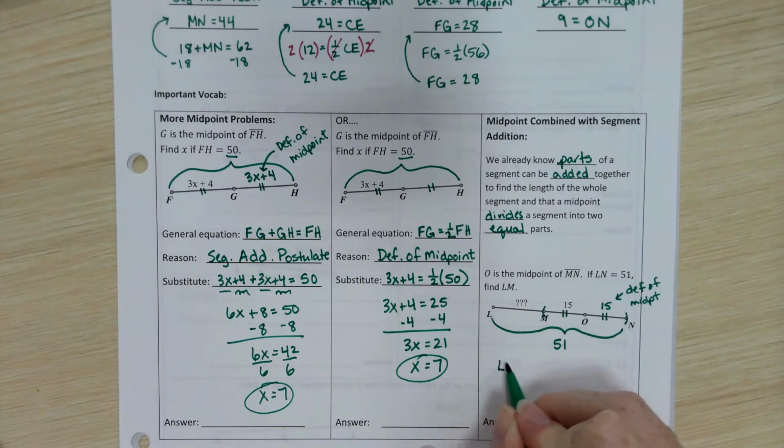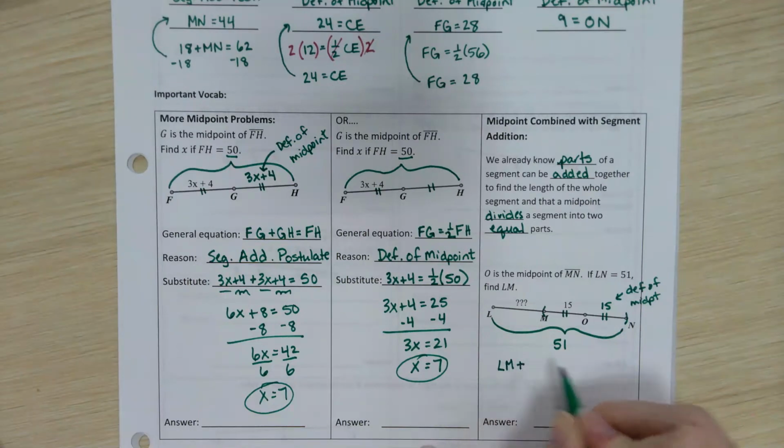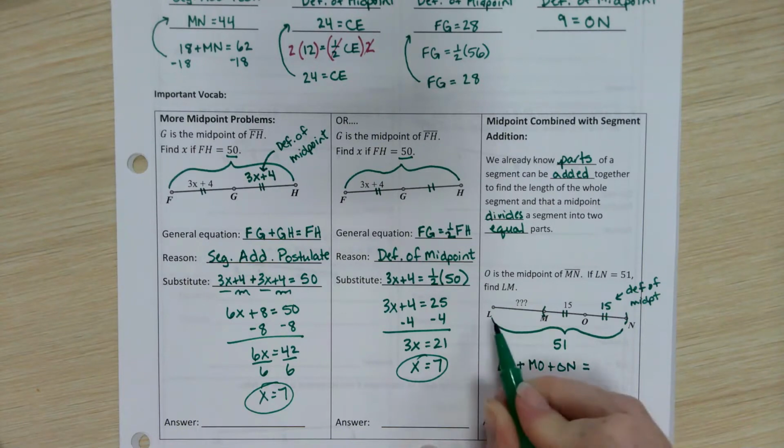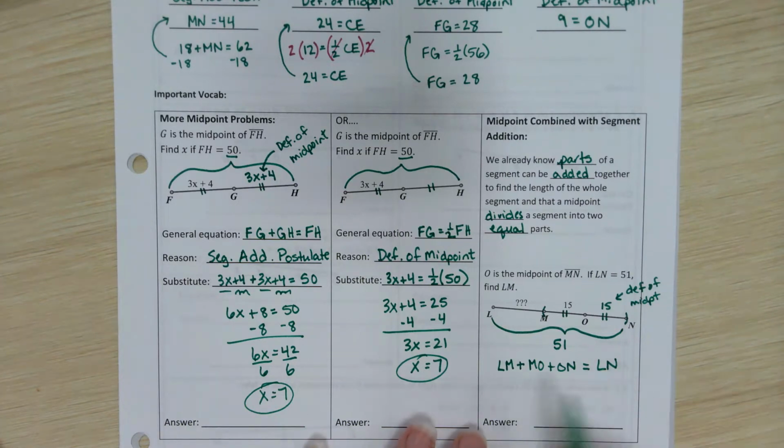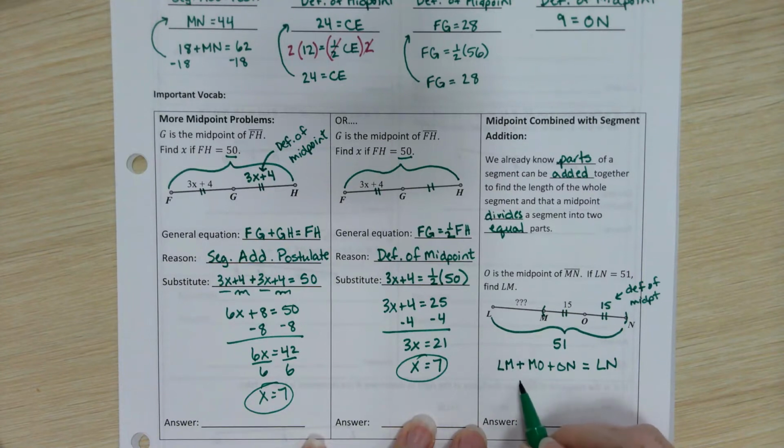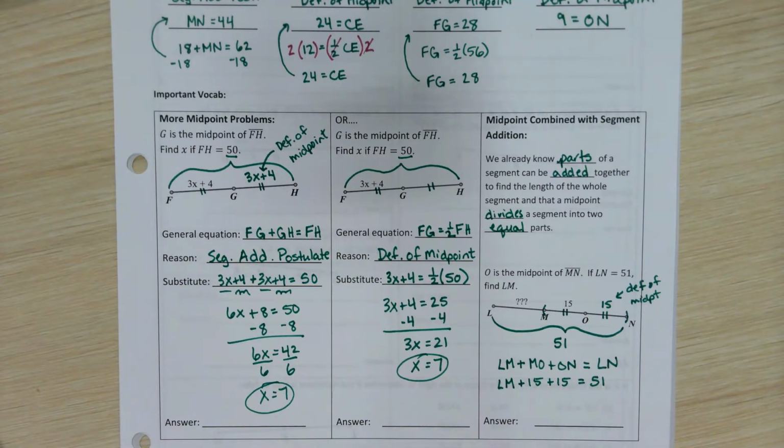So if I was writing a general equation, it would look like LM plus MO plus ON, all 3 combined together to make LN. And we're not being asked to write a general equation, so that's optional. We don't know LM, but we do know MO and ON are both 15, and we know that that whole segment LN has a length of 51.